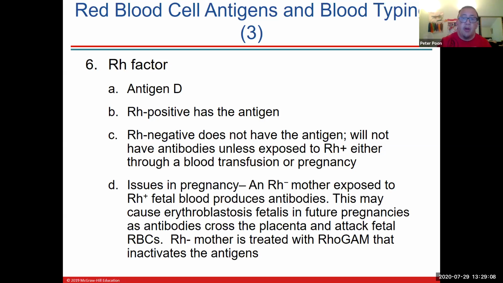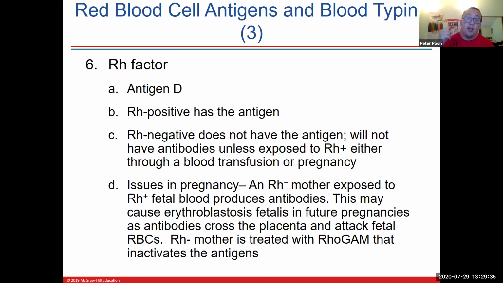Issues in pregnancy: an Rh negative mother exposed to Rh positive blood produces antibodies. This will not affect the first pregnancy because you're not exposed to the fetal blood until childbirth.